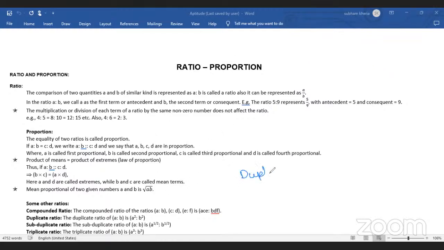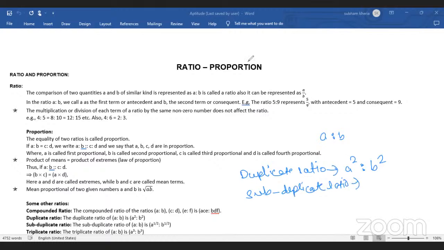The first one is duplicate ratio. Small things that might come to you. If there is a ratio A is to B, then the duplicate ratio means the square of it, A square is to B square. Very easy, nothing to learn here. If duplicate is square, what will be subduplicate? Tell me.